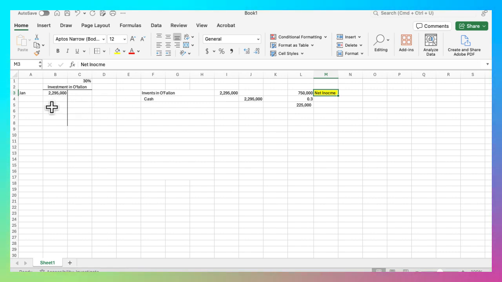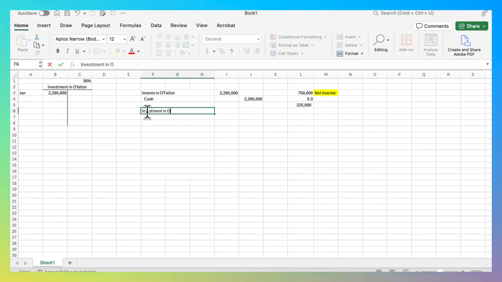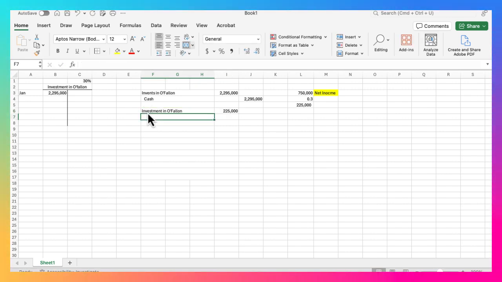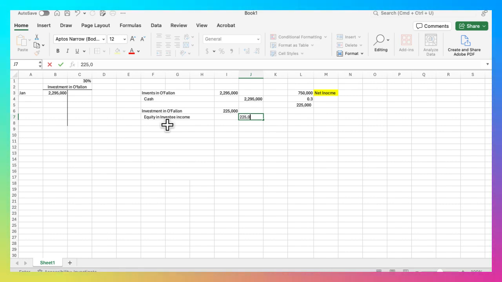But before we go to the T account, let's look at the journal entry. What does that journal entry look like? Well, we're going to debit investment in O'Fallon for the amount of $225,000. And we're going to credit an equity account, specifically equity in investee income, for $225,000.